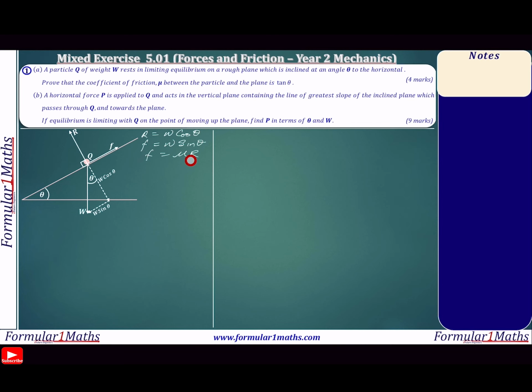And if I do that, I'm going to get F is equal to mu W cos theta. So if I label this equation 1 and label this equation 2, I can now solve equation 1 and equation 2 simultaneously by eliminating F, and that means equating them. So if I do that, I'm going to get mu W cos theta is equal to W sin theta.